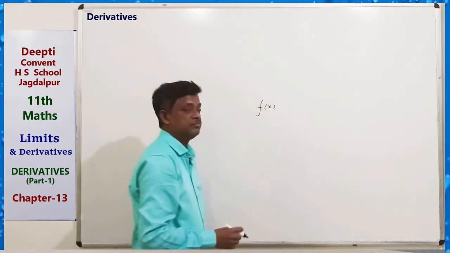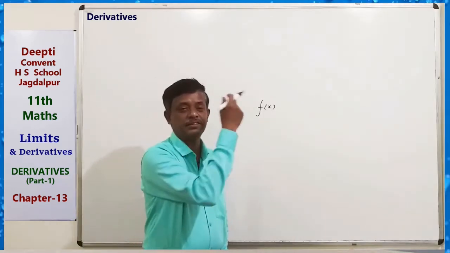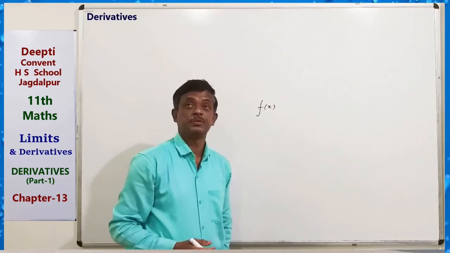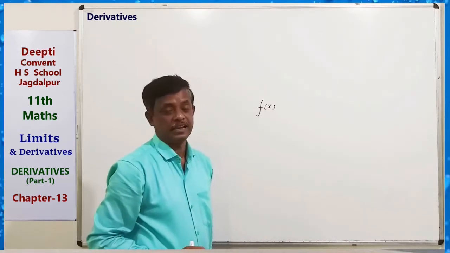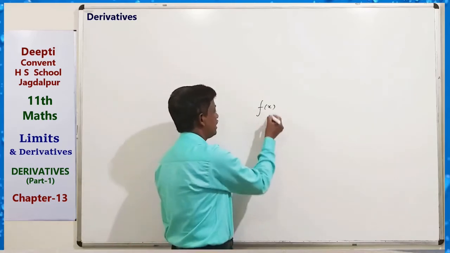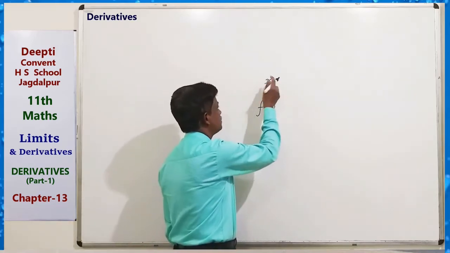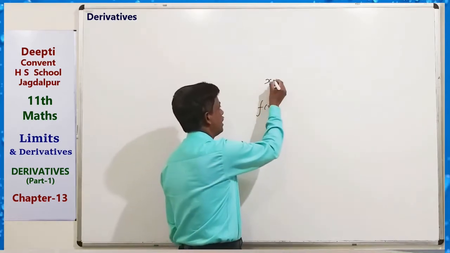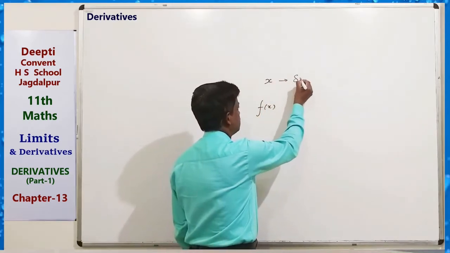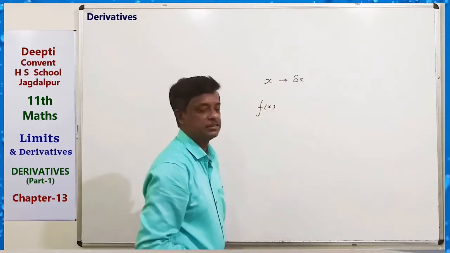We look at the changes in f(x) with respect to the changes in x, where x is the variable of the function. The change in x is delta x.